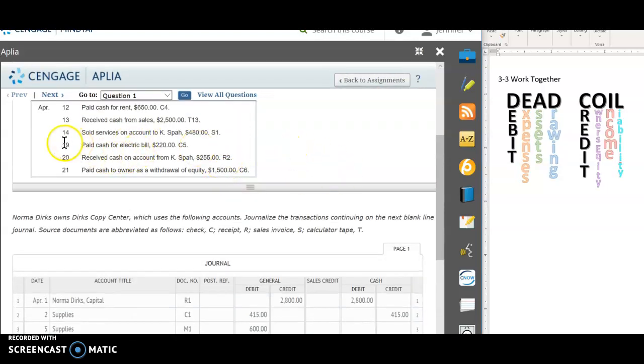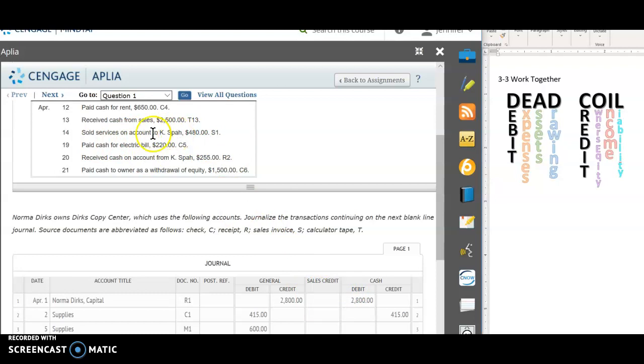All right, next transaction is the 14th. Sold services on account to K-Spa for $480. Now, this is very similar to one we just did. Sold services is the same as sales. Just because it doesn't say that exact word sales does not mean that sold is not sales. It's just past tense. So we have sales here of $480, and we know that when we make a sale, it's a credit.